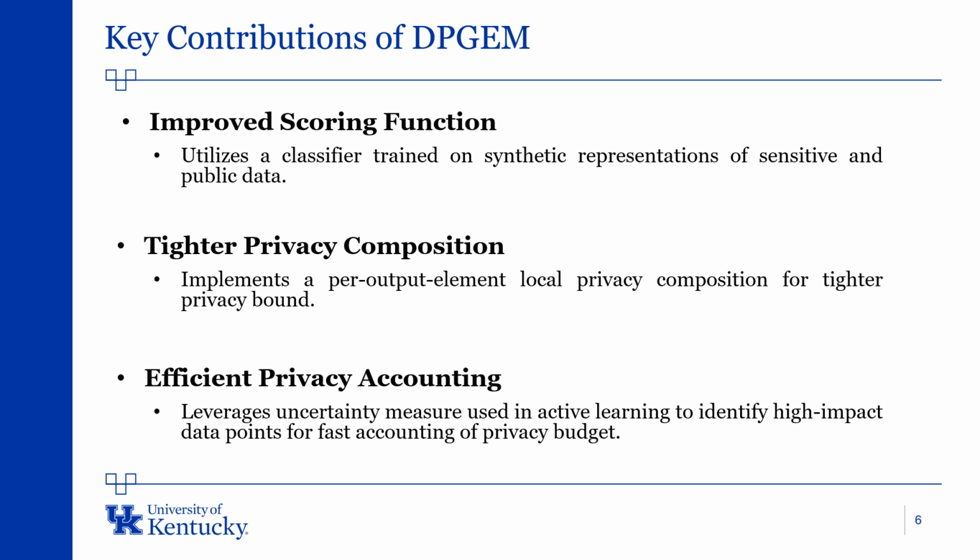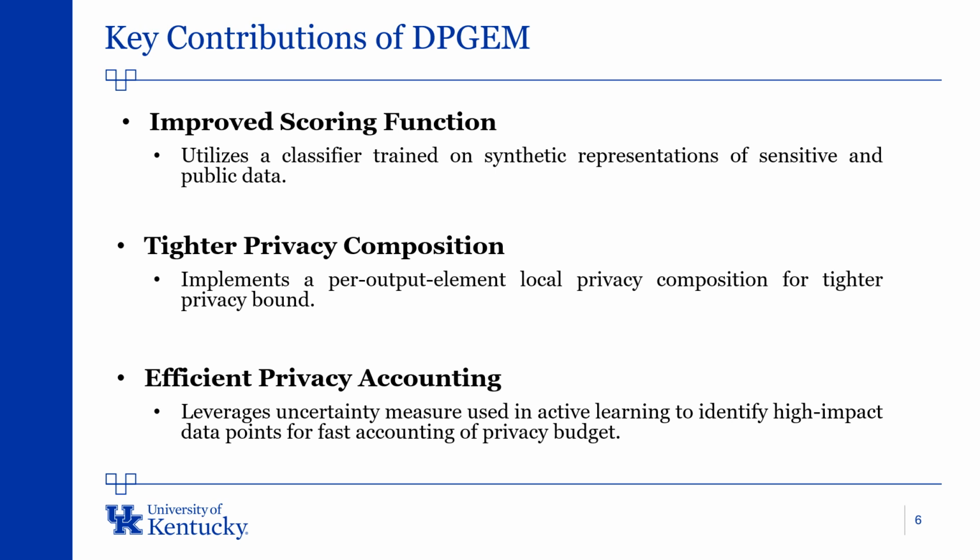Here are the key contributions of our paper. First, DPGEM utilizes an improved scoring function by utilizing a classifier that is trained on the synthetic representations of sensitive and public data.